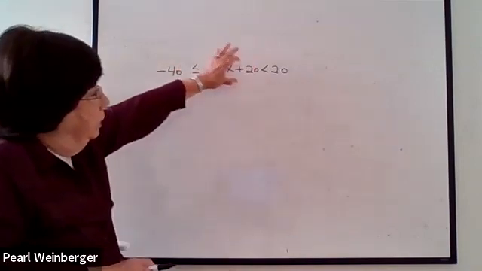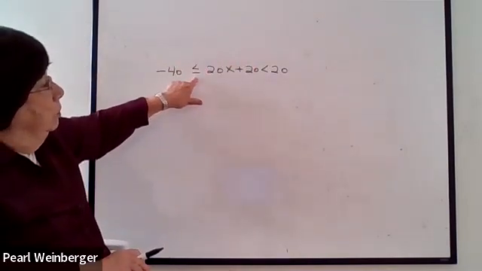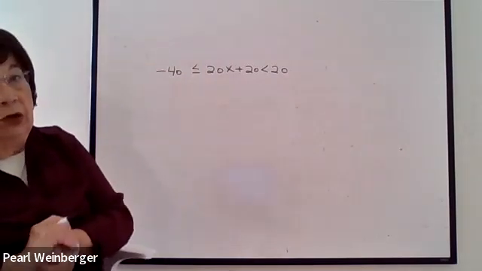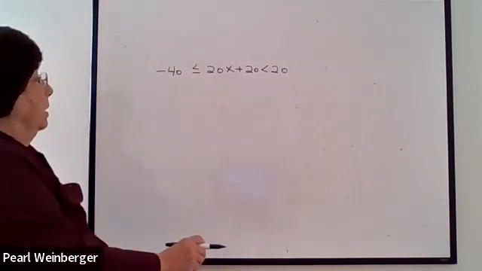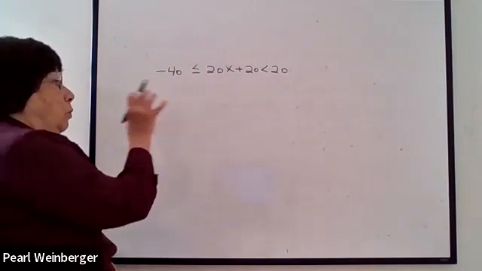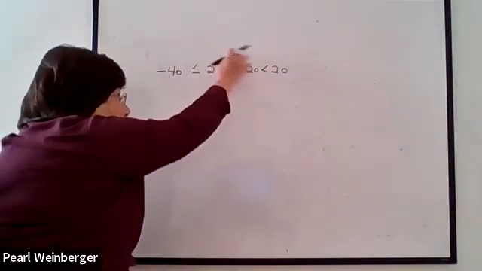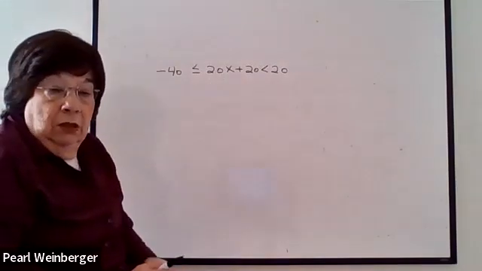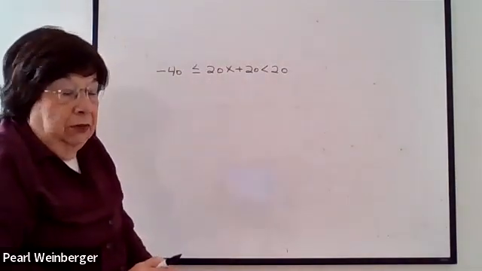And that's why when we do double inequalities, we're only using less than or equal to symbols. We don't use the greater symbols. But again, we always concentrate on trying to get x alone in the middle.